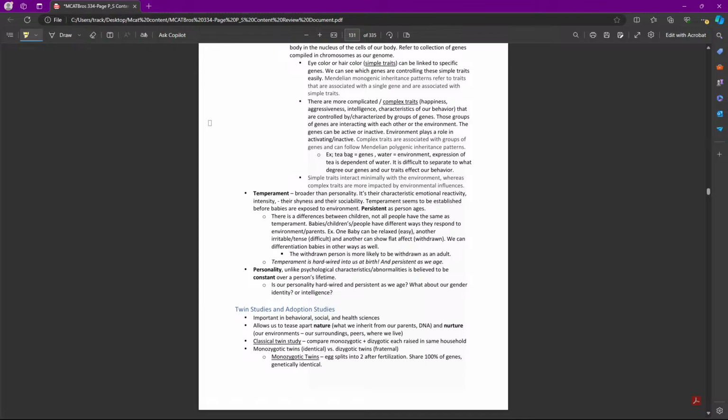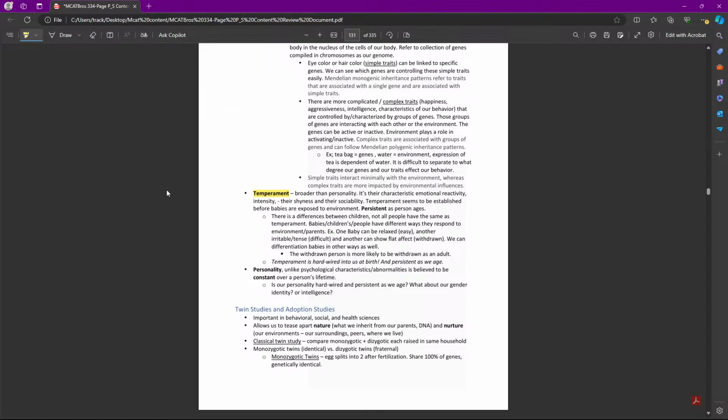Okay. So, I need to review temperament. Temperament is broader than personality. It's characteristic emotional reactivity and shyness. Temperament is basically responding to your environment, and it's persistent as a person ages. It differs between children; not all people have the same temperament. Babies, children, and people have different ways of responding to the environment.